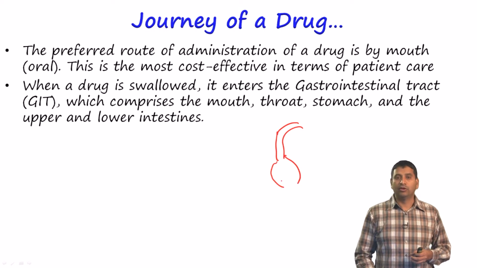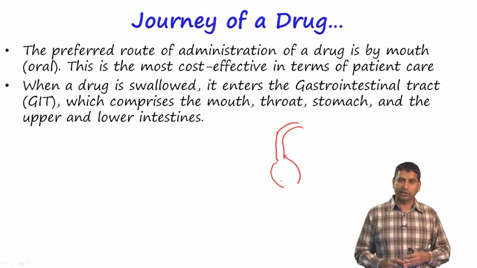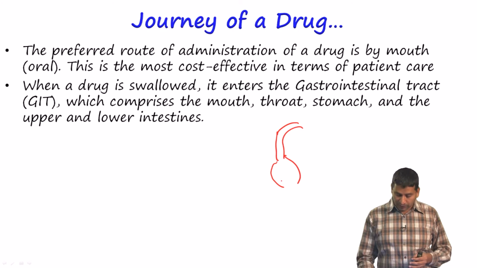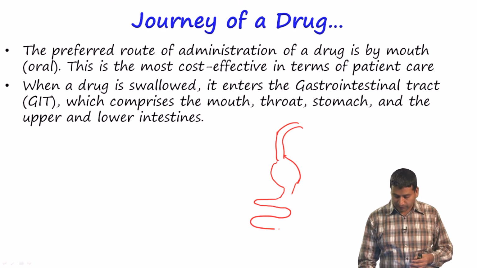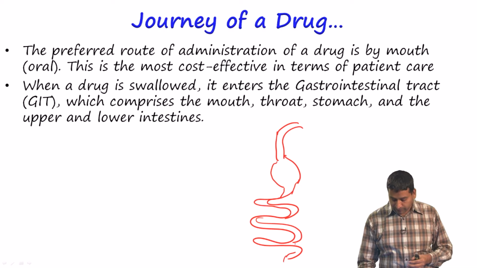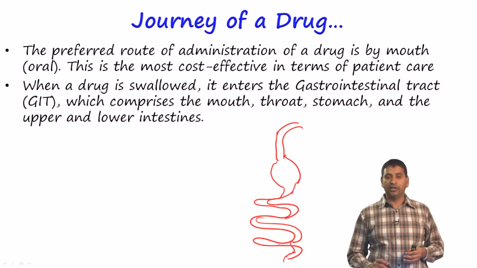This is just an approximate cartoon, it is not illustrative of the actual sizes of the stomach or the intestines and so on. After it reaches the stomach, it goes to the intestines, and there is a long intestine and the short intestine and so on, and then it is excreted. So, this is the journey of a drug.